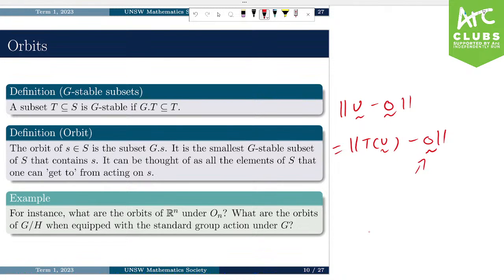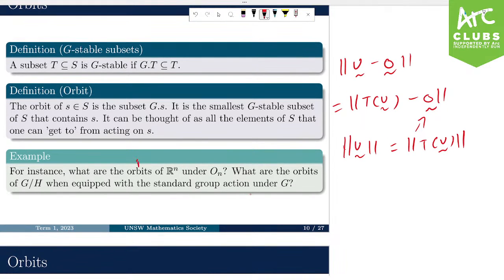This is because O_n fixes 0. Another way of saying this is that the magnitude of v is the same as the magnitude of T of v, which means that O_n preserves magnitudes. So the orbits of R^n under O_n would just be the n-spheres in R^n.